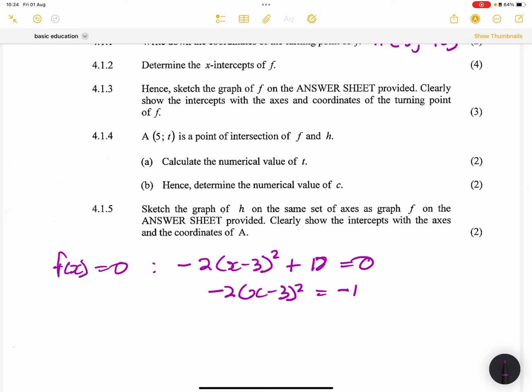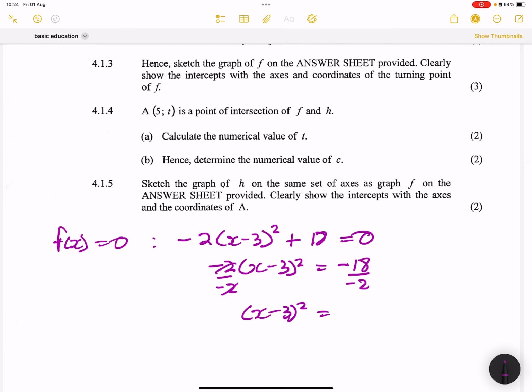Let's divide both sides by negative 2. So we've got x minus 3 all squared, and negative 18 divided by negative 2 is 9. So x minus 3 is equal to, and please note, we are taking the square root on both sides, but what do we need to do? Say plus or minus. So that's plus or minus 3.